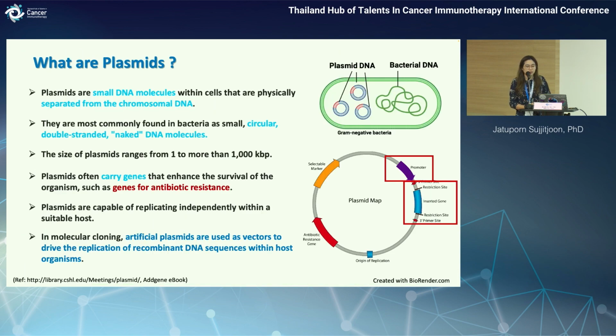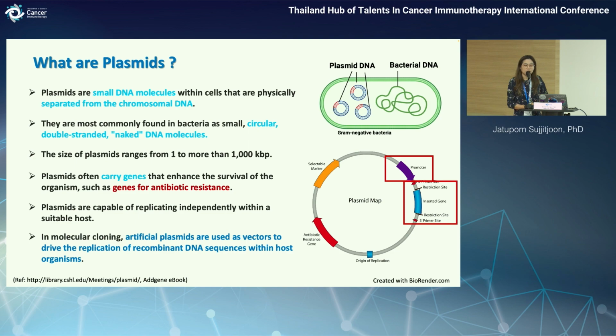First of all, I will explain a little bit about plasmids. What are plasmids? Plasmids are small DNA molecules within cells that are separate from the chromosomal DNA of the bacteria. They are most commonly found in bacteria. It is a small, circular, double-stranded, naked DNA.